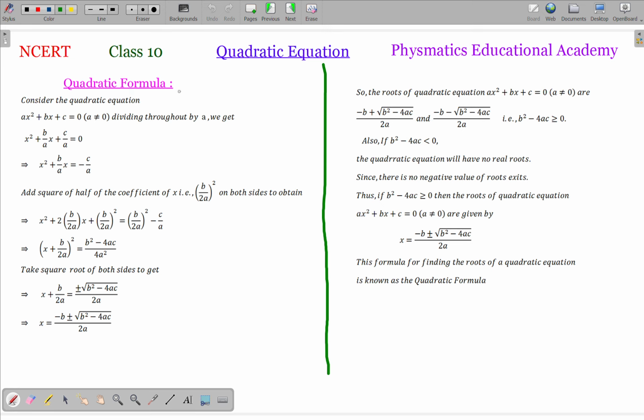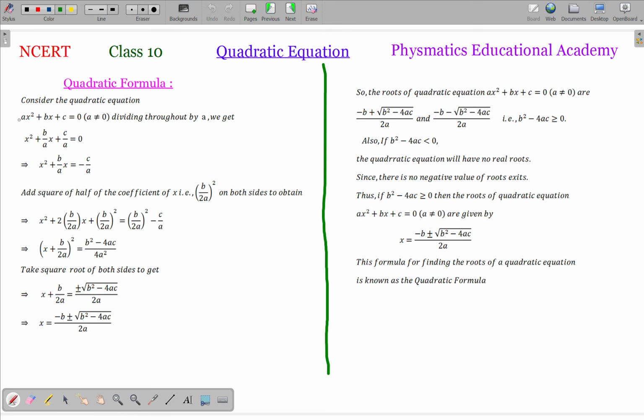Now first one, quadratic formula. This is a very important formula for all types of quadratic equations. Now consider the quadratic equation ax square plus bx plus c is equal to 0, where a is not equal to 0.